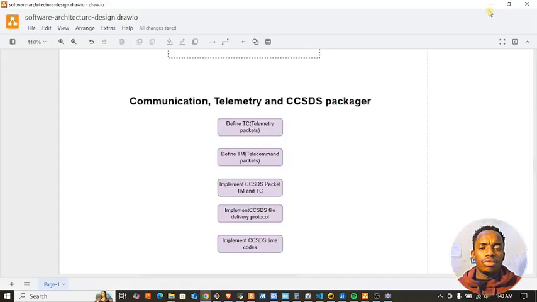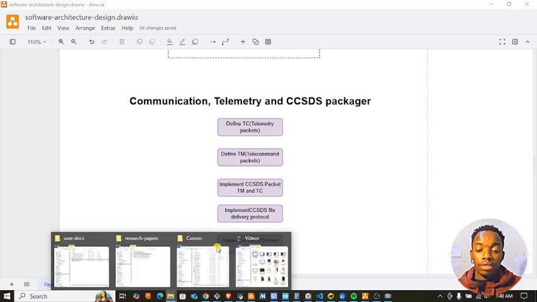It's basically a protocol that defines how the packet of your telemetry should look. What should be the first few bytes? What should be the next bytes? What should be the last byte? What is the MSB? What is the LSB?